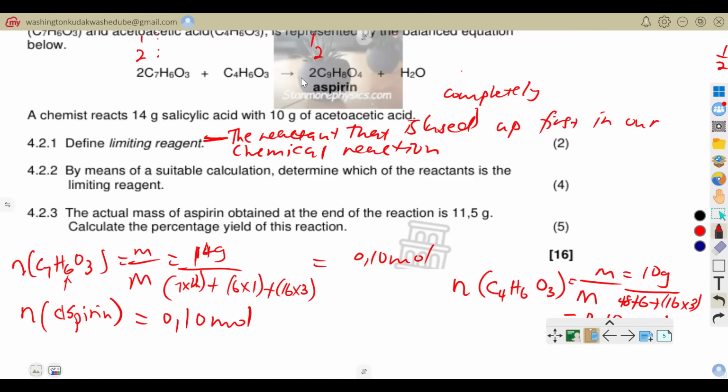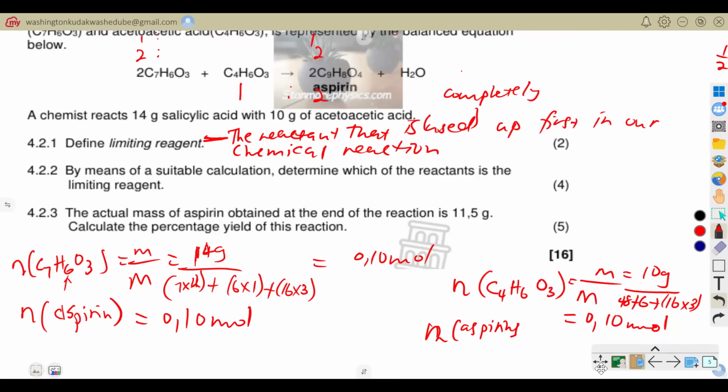And then about this one, we have 1 mole reacting to produce 2 moles. So the number of moles of aspirin that will be produced here is twice the number of moles of acetic acid that reacted, that is 2 times 0.10 mole.